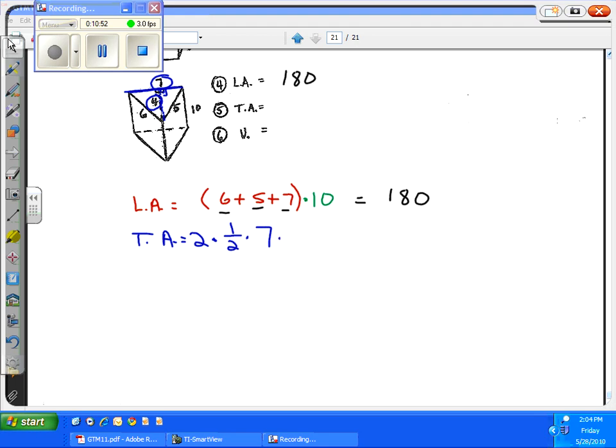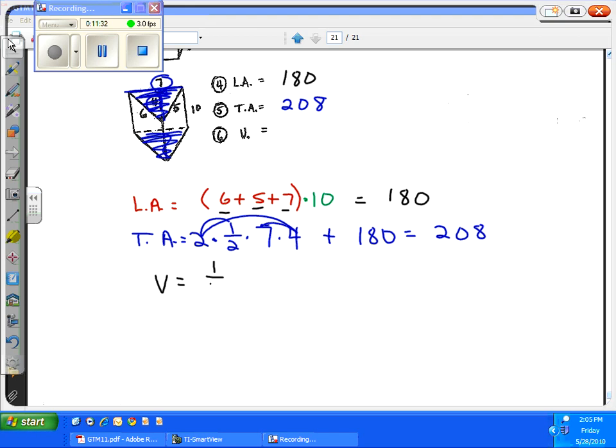That's 2 times the area of the bottom, which gives you the top and the bottom. You add that to the lateral area of 180 and you have the total surface area. So 2 times 1/2 is 1 whole. 1 times 4 is 4, times 7 is 28, plus 180 is 208 for total area. Any questions on lateral area, total area?